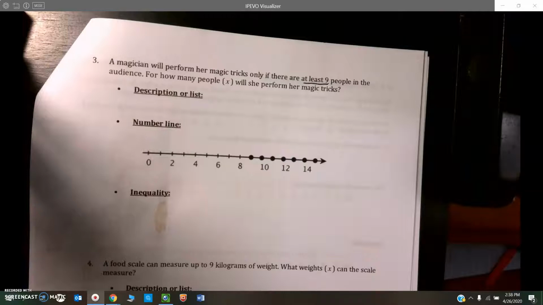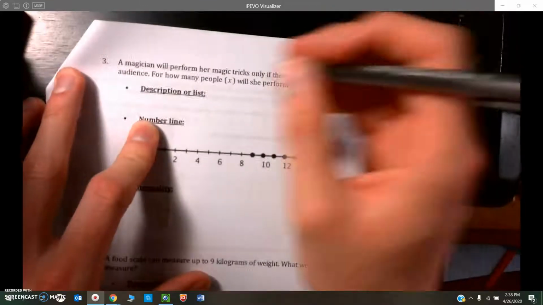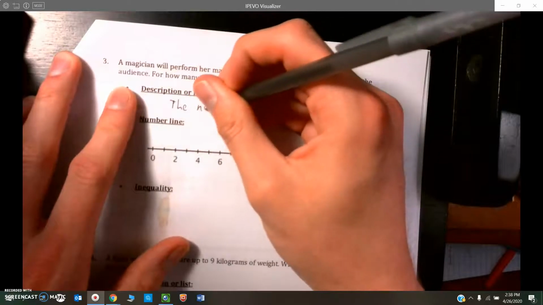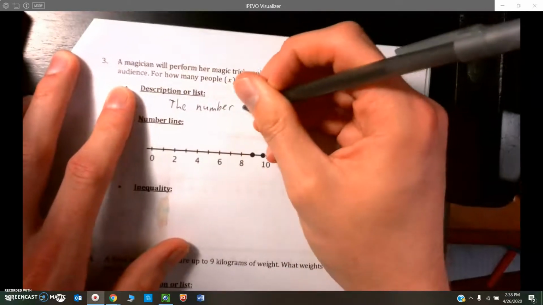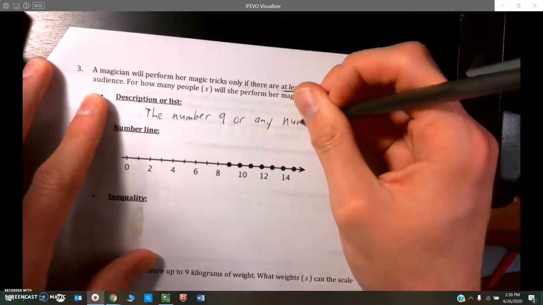What does that mean? So at least means that you are that height or more, right? So the description of this list is the number 9 or any number greater than it.